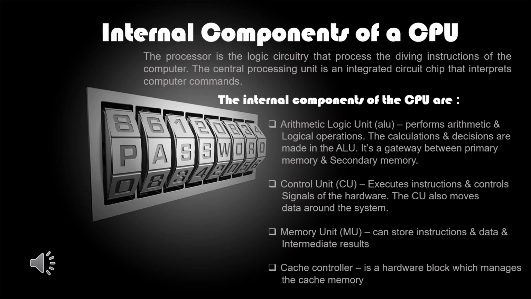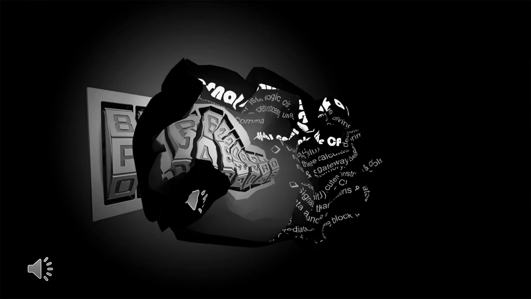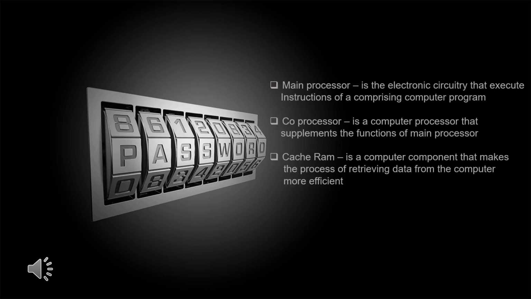Cache control manages how frequently used data is kept in quick access. In addition, we have the main processor, the coprocessor for support, and cache RAM, which makes processing faster by storing frequently accessed data.